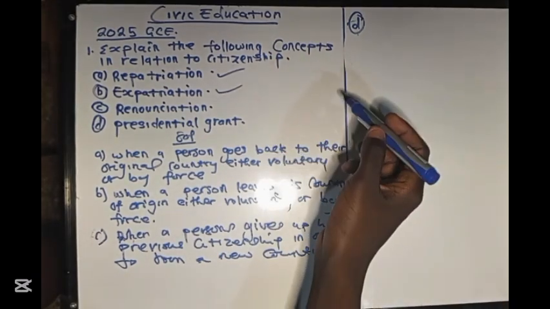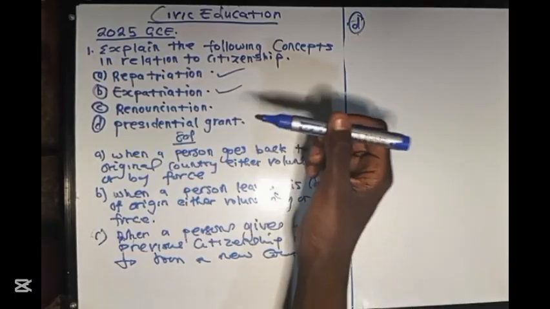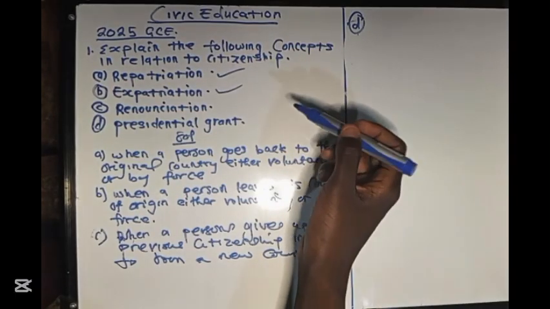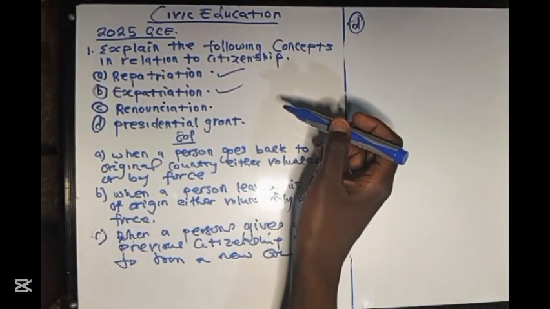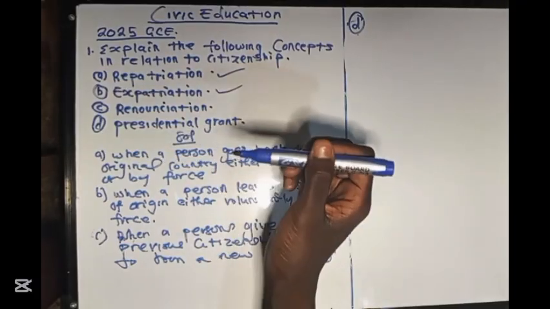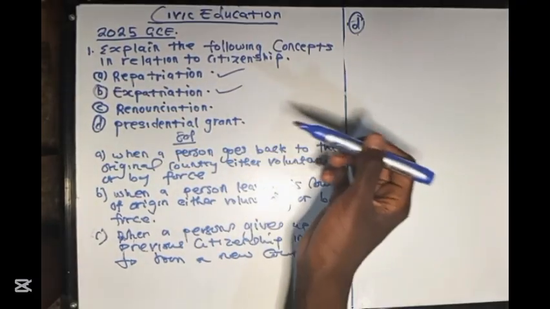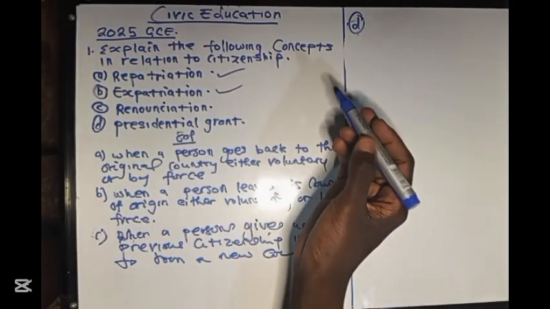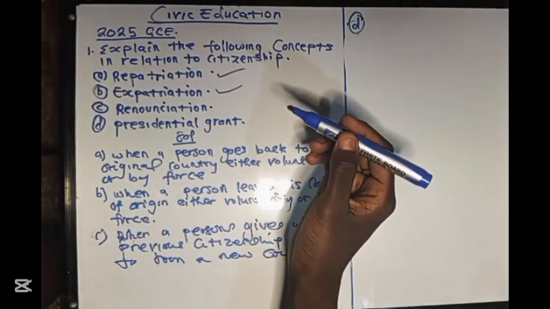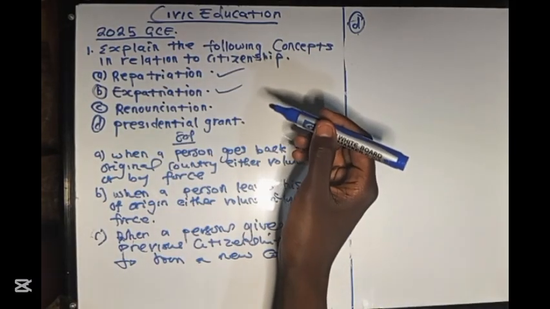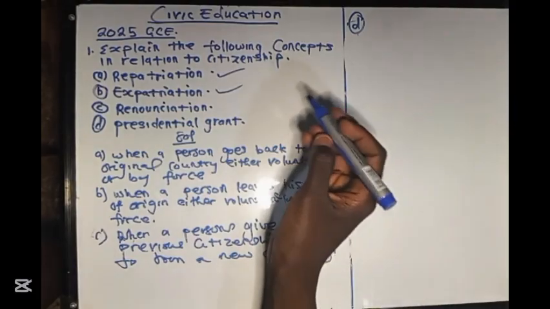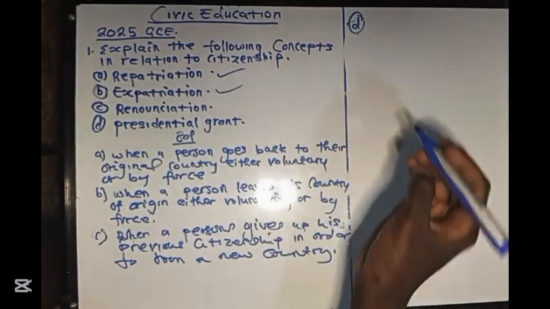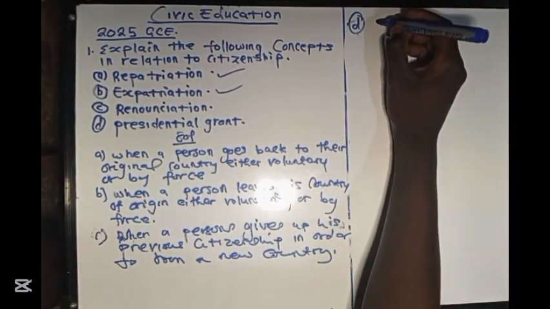Thereby he was given a citizenship because of his service. So that is known as a presidential grant. He is being rewarded for the service he is giving. So a presidential grant is when a person is given citizenship as a gift for the services being given to the country where he is staying.